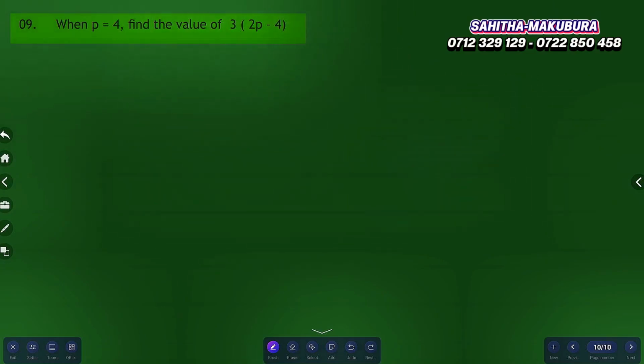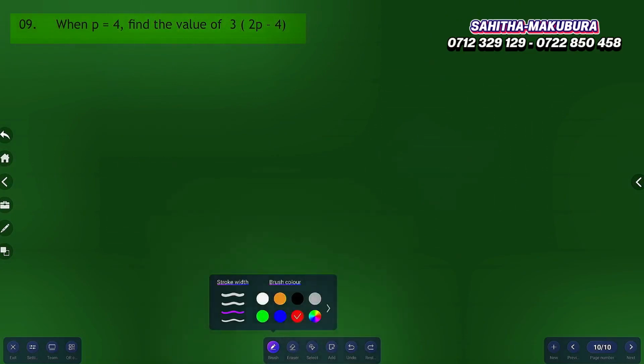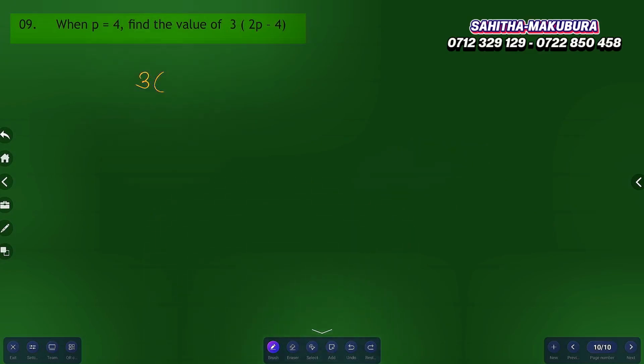Alright, question number 9. When p is equal to 4, find the value of this given algebraic expression: 3 times (2p minus 4). The value of p is 4.